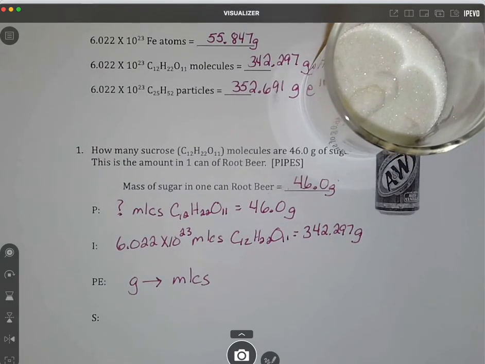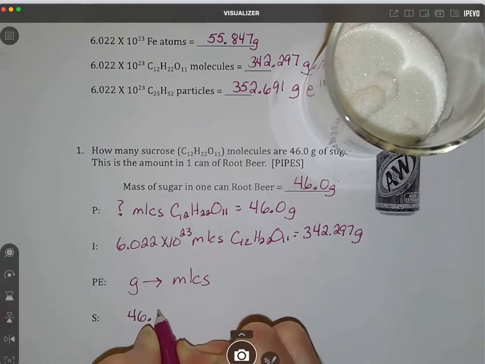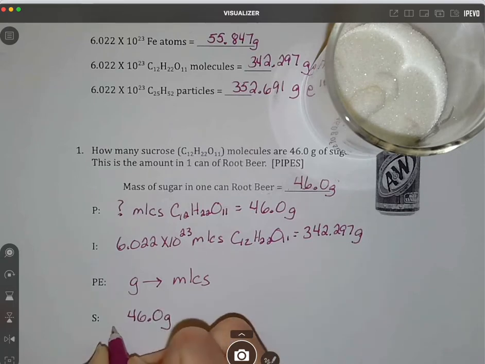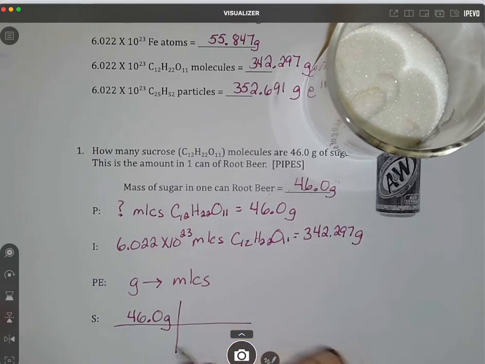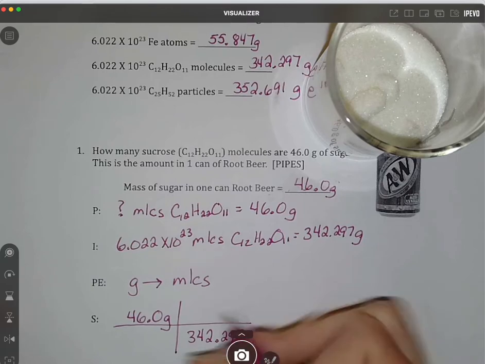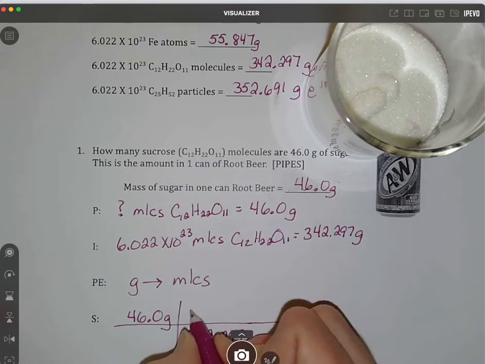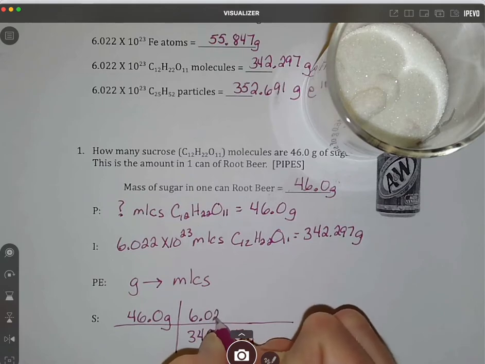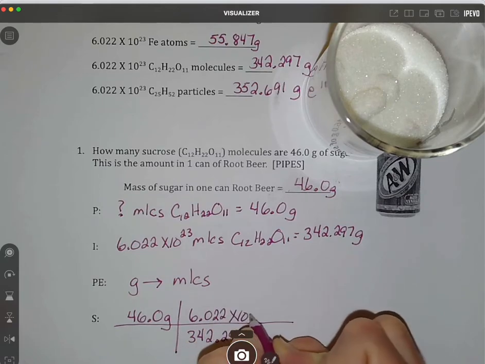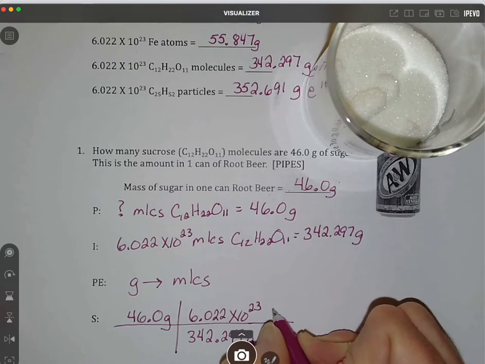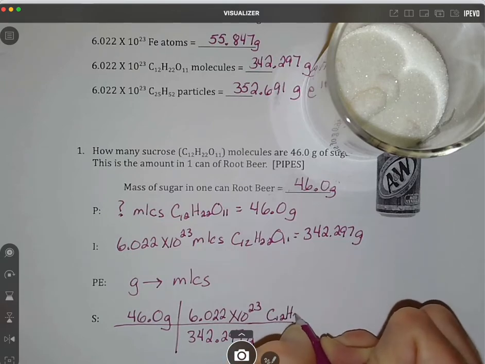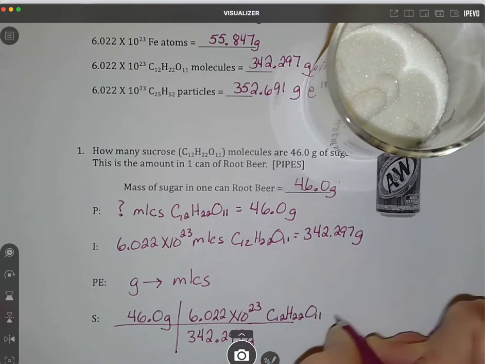So I'm not going to have to stop at AMUs anymore. I bring down the 46 grams from my problem. 342.297 grams of sugar will contain 6.022 times 10 to the 23rd C12H22O11 molecules.